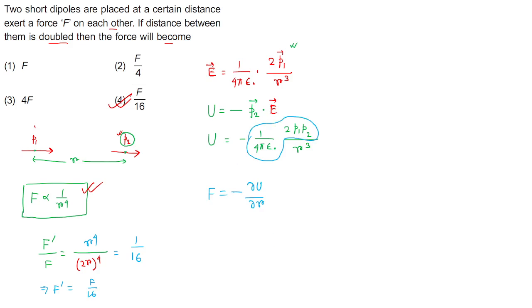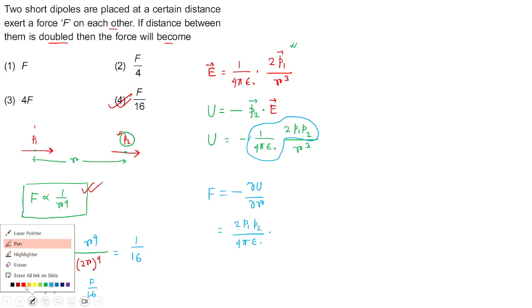Here a negative sign, here a negative sign, they will cancel each other. Finally the constant remains 2 P1 P2 by 4 pi epsilon naught, and then del R of 1 by R cube.